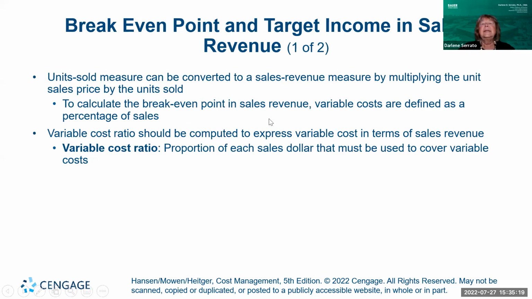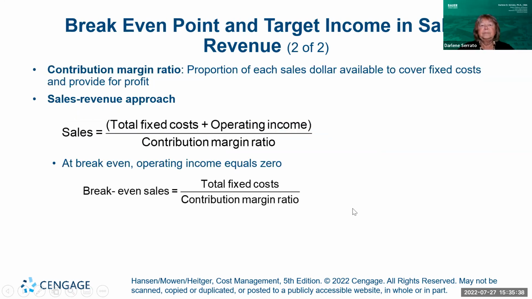So sales revenue is 100%, minus variable cost ratio equals the contribution margin ratio, which is the contribution margin in dollars divided by sales dollars. So this is what they're calling the contribution margin ratio.